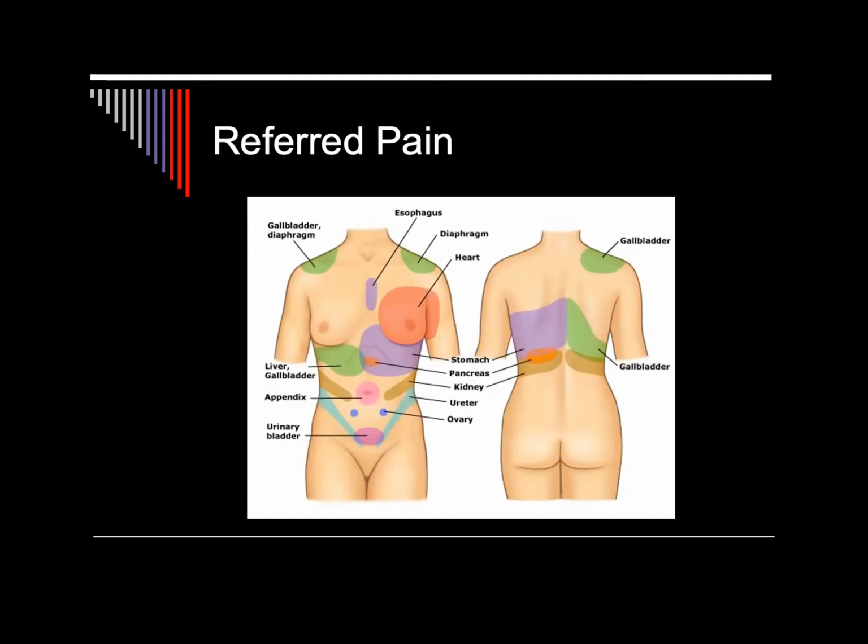Let's say one of the scenarios is an epigastric pain that's radiating to the back. What's the first thing that you will think of? Any answers? Pancreatitis, exactly. So this is what we mean about referred pain.